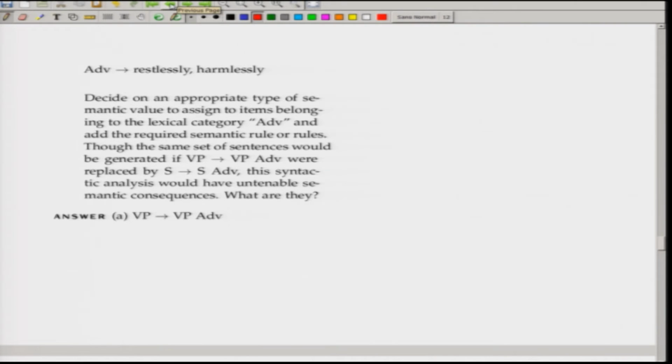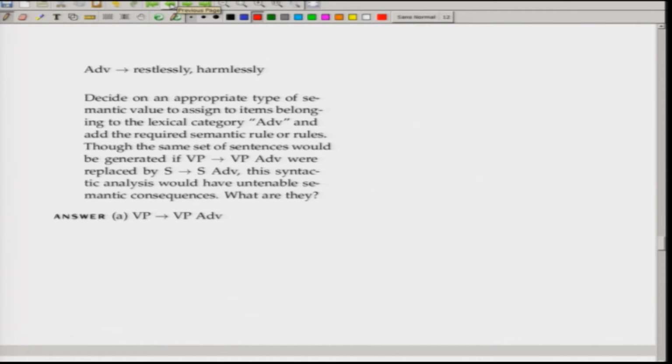Decide on an appropriate type of semantic value to assign to items belonging to the lexical category adverb and add the required semantic rule or rules. Though the same set of sentences would be generated if VP goes to VP ADV were replaced by S goes to S ADV, the syntactic analysis would have untenable semantic consequences.